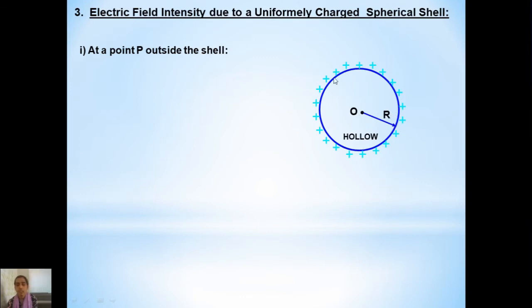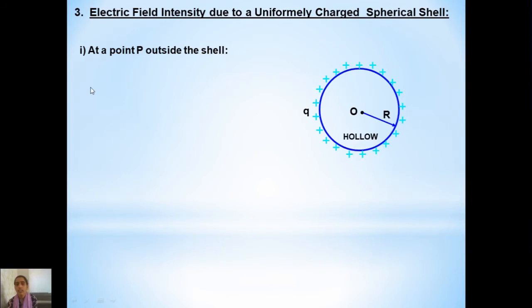The radius of the spherical shell I am assuming as capital R, and let us assume that the charge distributed over the spherical shell is denoted by the letter Q. This is our consideration.